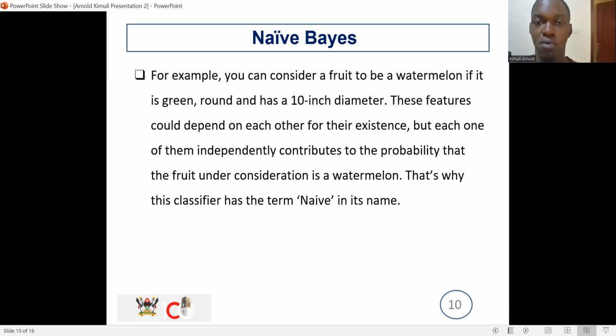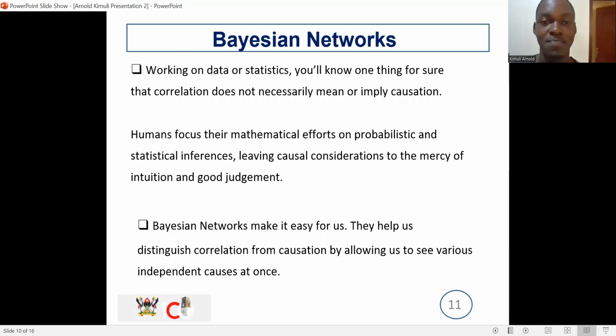For example, you can consider a fruit to be a watermelon if it is green, round, and has a 10-inch diameter. These features could depend on each other for their existence, but each one of them independently contributes to the probability that the fruit under consideration is a watermelon. That is why the classifier has the term naive in its name.